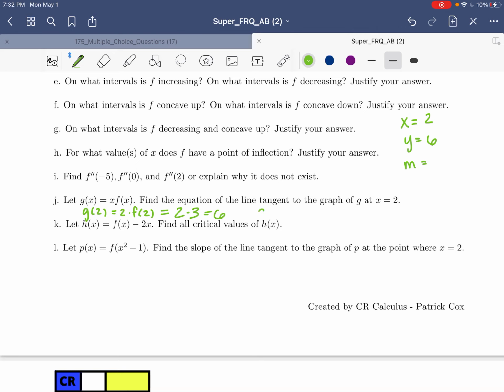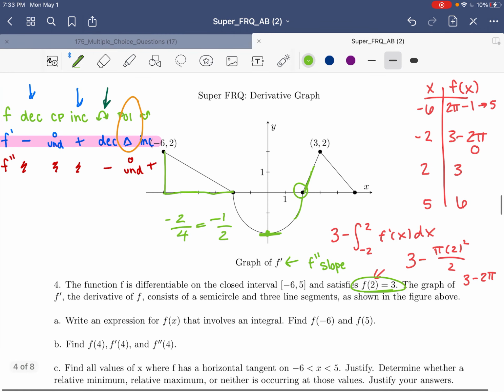And then I need g prime. I'm going to need product rule here because we have two separate functions. So x times f prime of x plus 1 times f of x. Then if I plug in 2, g prime of 2 is 2 times f prime of 2 plus f of 2.